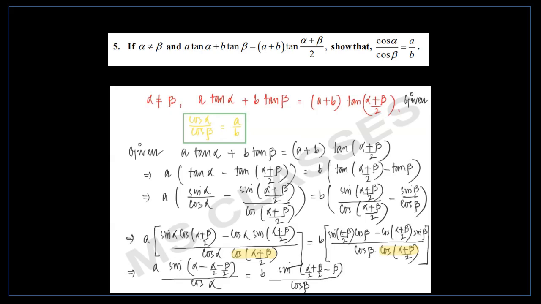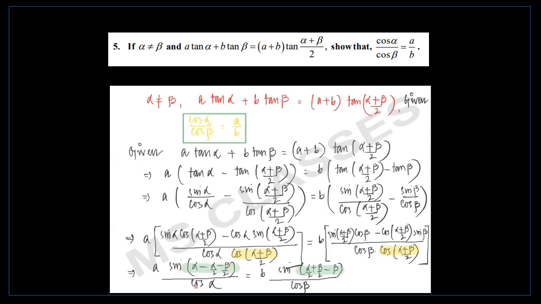Now, if we simplify, this will be alpha by 2 minus beta by 2, and this will also be alpha by 2 minus beta by 2. These two factors are exactly the same, so this and this will get cancelled.